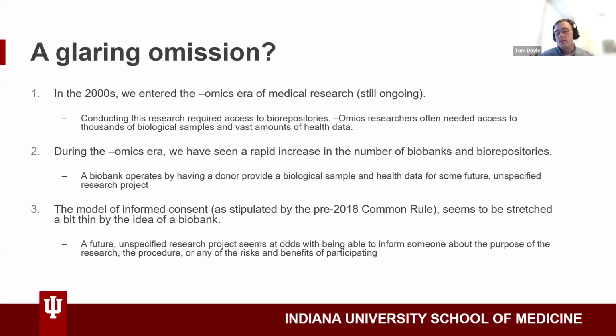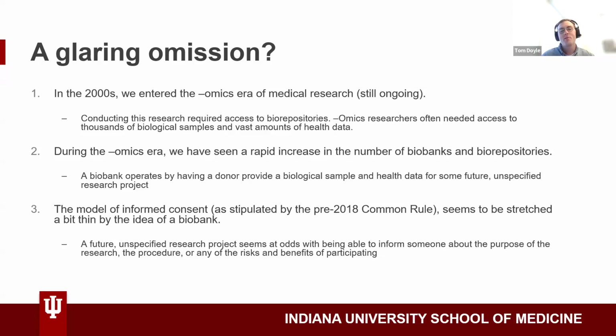So what a biobank is: a person submits or donates a sample to a biobank, which itself is considered a research project. And when they submit the sample, they're told, usually, that the biobank collects your sample, stores it, and then gives it to future research projects. Well, in informed consent, right, if you agree to a research project, you need to know what about the research project you're agreeing to, right?